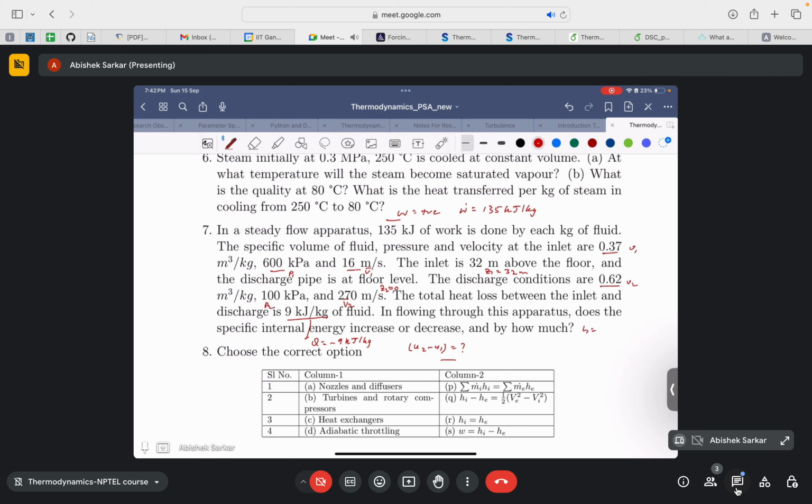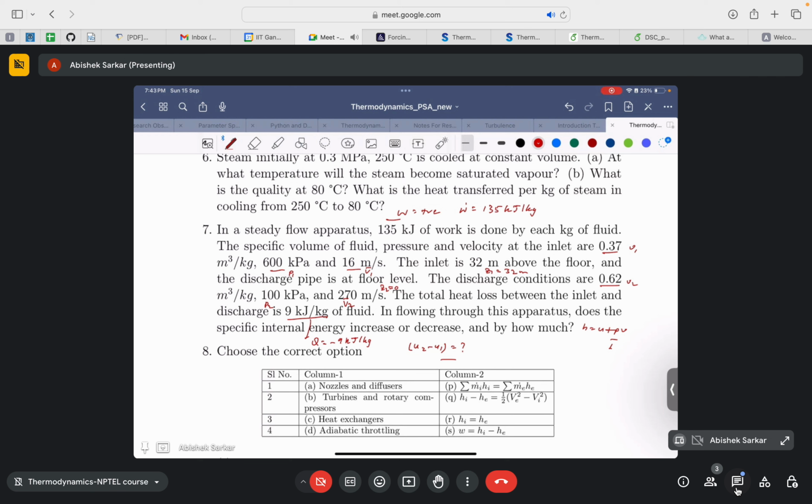H is equal to U plus PV, right? So PV here, since P is in kilopascal, would give something in terms of kilojoules per kg.